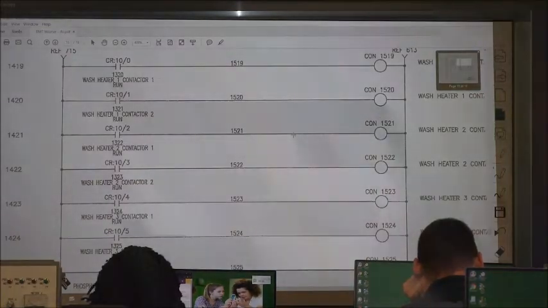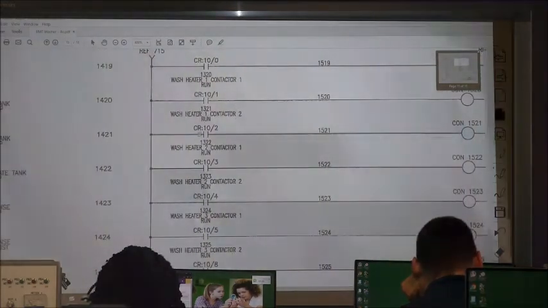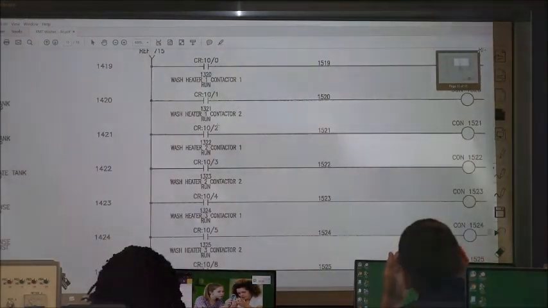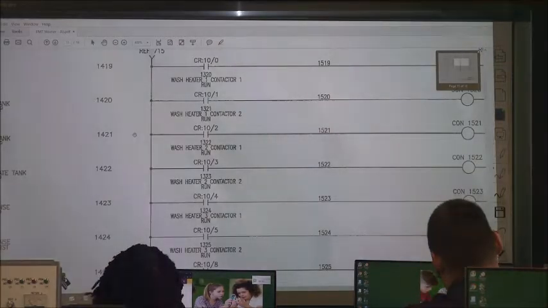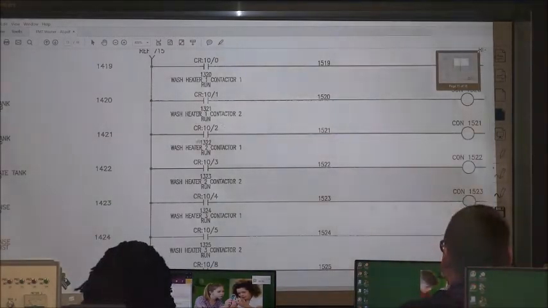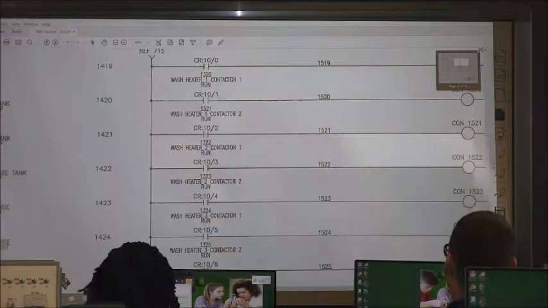And then we continue to trace this thing back, right, in our troubleshooting efforts. There's just a contact sitting out there that energizes the contactor. CR10/2.